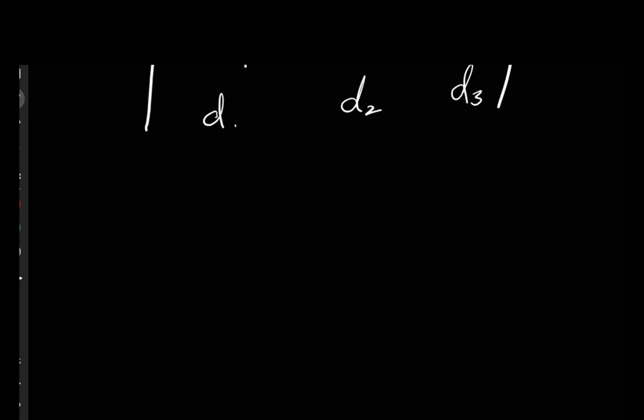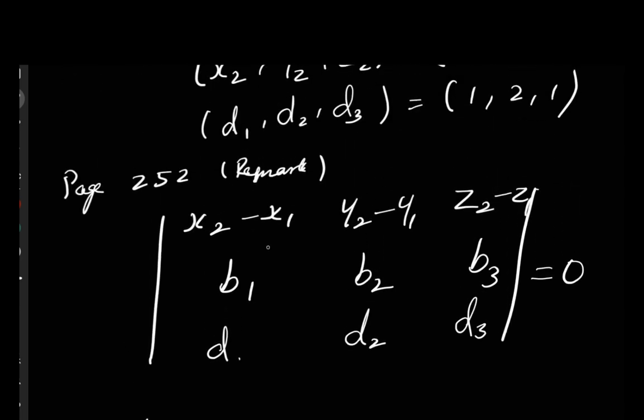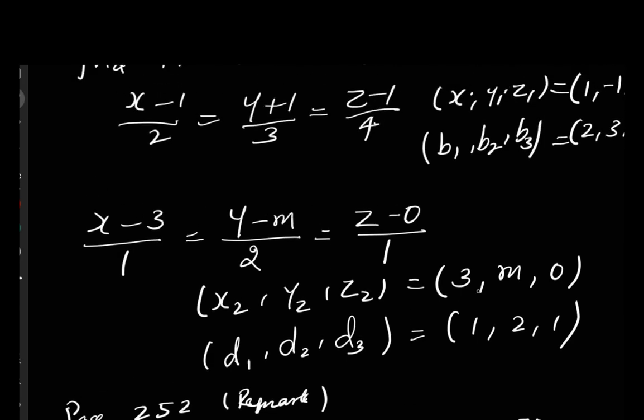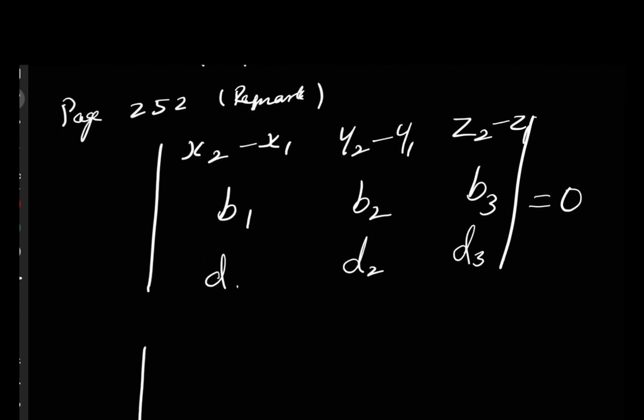That is the determinant value. You substitute the value x2 minus x1. x1 is 1, so 3 minus 1, that is equal to 2.